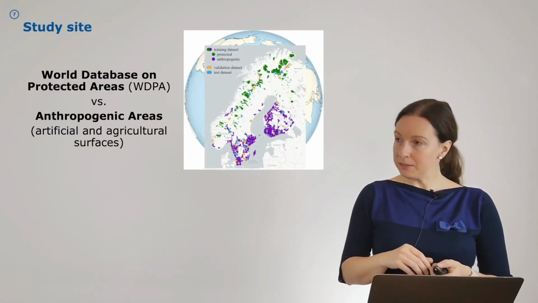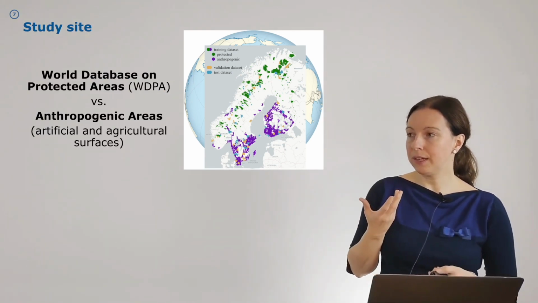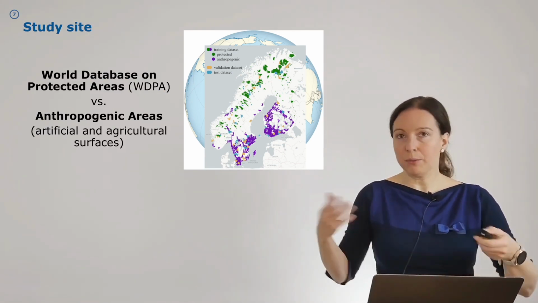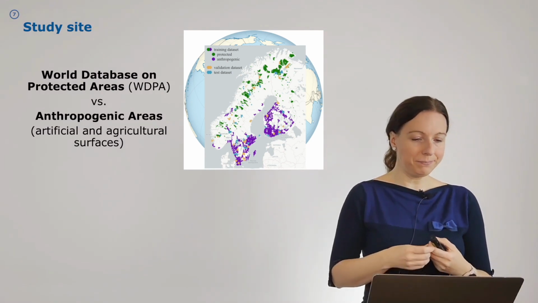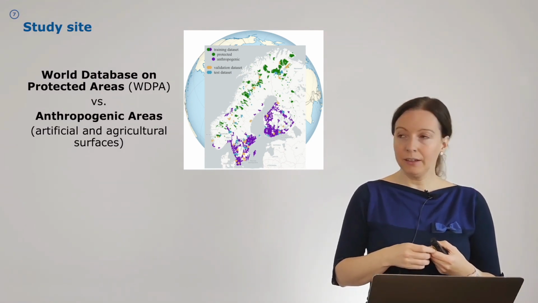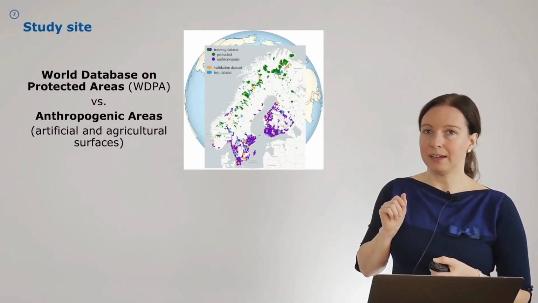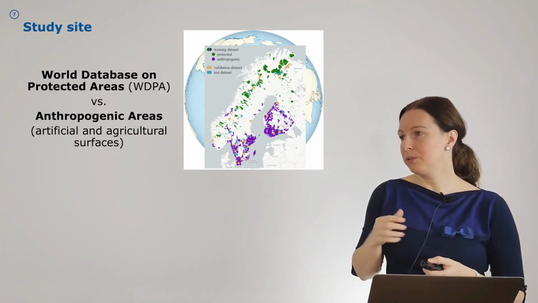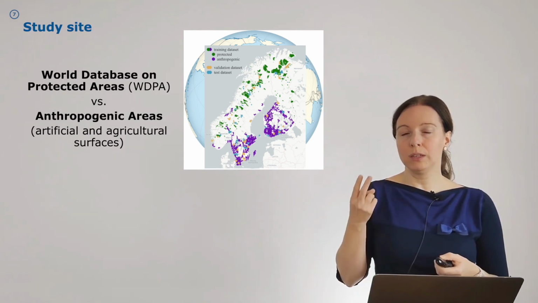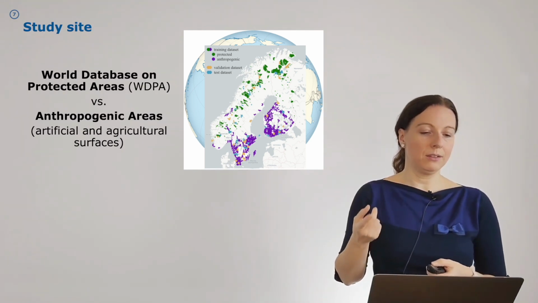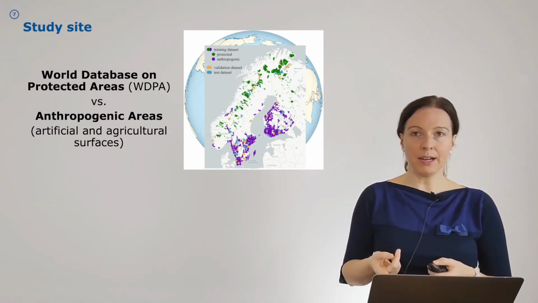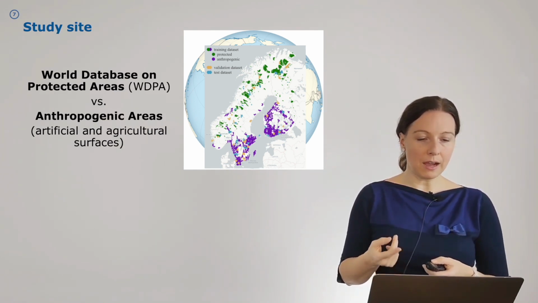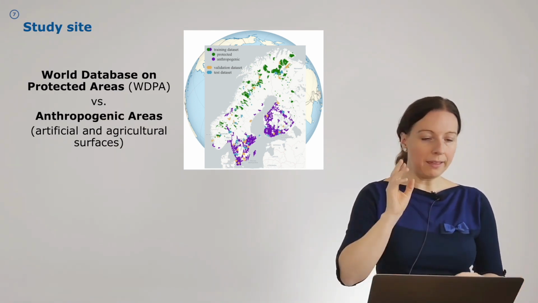For this, we use a specific data set. We defined the data set, or rather we collected the data. We used a study area, Fennoscandia, which is a huge area in Europe, and we actually used two classes. One class is the World Database on Protected Areas, or WDPA for short.